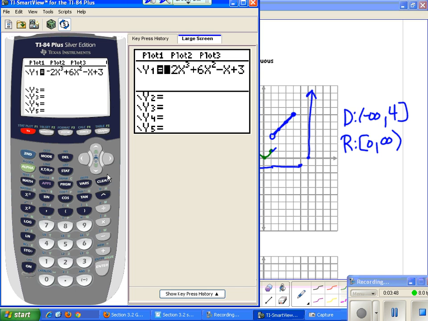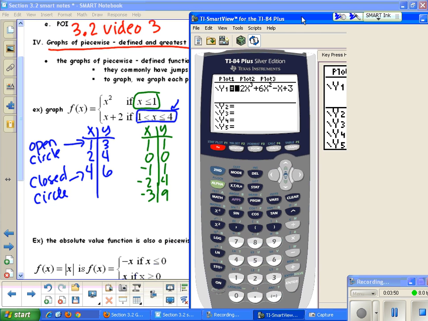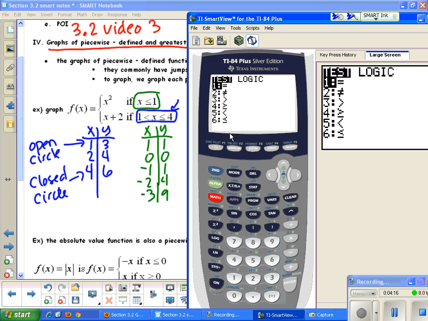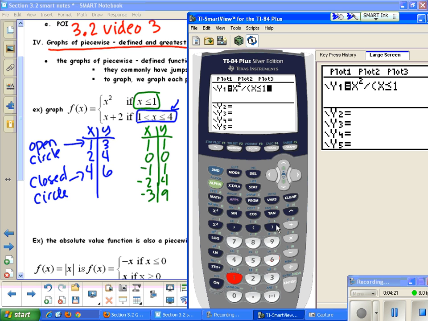So go to your y equals, and in your y equals, remember we said you can plug it in, so this would be x squared, oops, forgot the x, so x squared, and then we use the division symbol to do this restriction part, so parenthesis x, if you go to second math, that gives you these symbols, and x is less than or equal to, so number 6, and then it's less than or equal to 1.